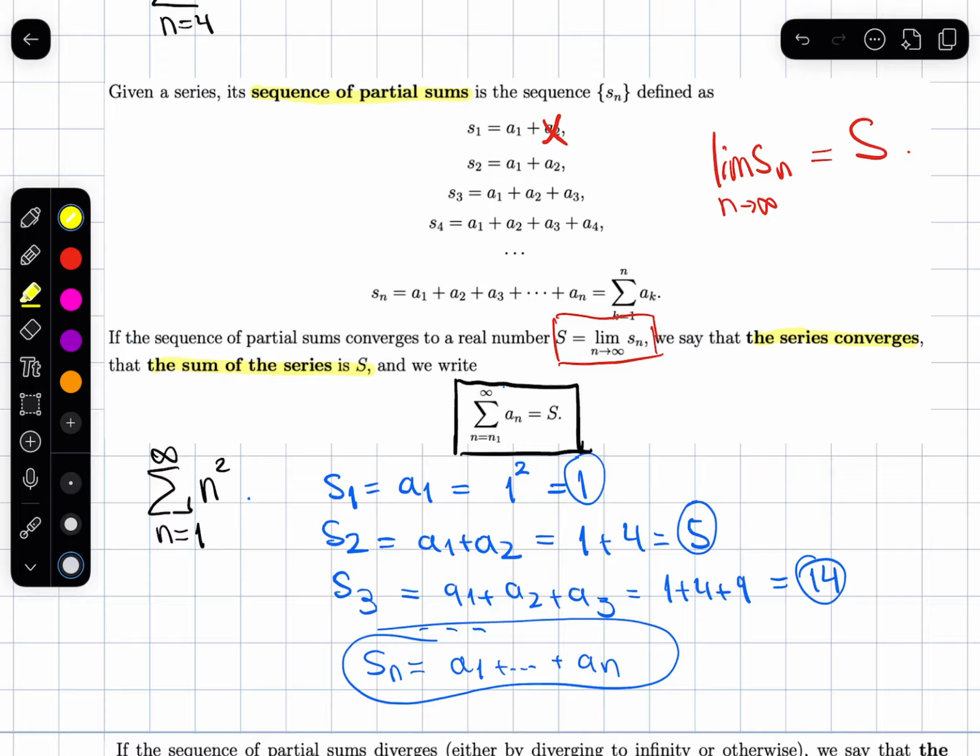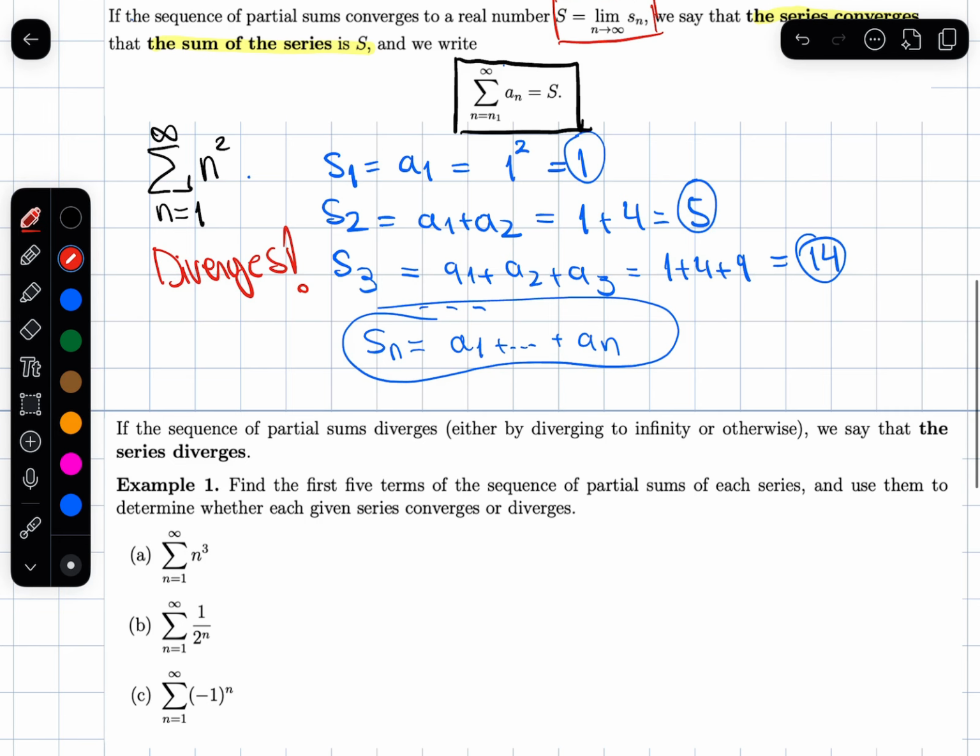With the example series that I gave you just now, you can see that S1 is 1, S2 is 5, S3 is 14. This is going to grow forever and ever, so that's not going to converge anywhere as a series. So I'm going to say that this series diverges. It does not converge, it diverges.